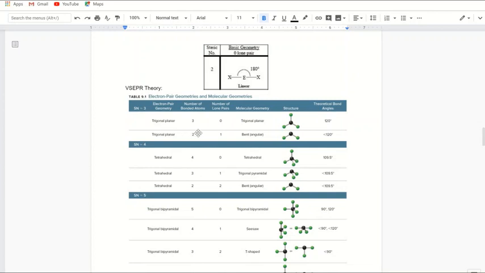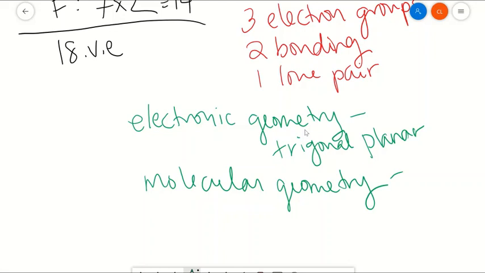So if we have 2 bonded atoms and 1 lone pair, then we have bent. So that lone pair is up here still forcing these guys down, but you can't see it. So the overall shape is bent. I will want you to be able to identify both the electronic geometry and the molecular geometry for any compound going forward.